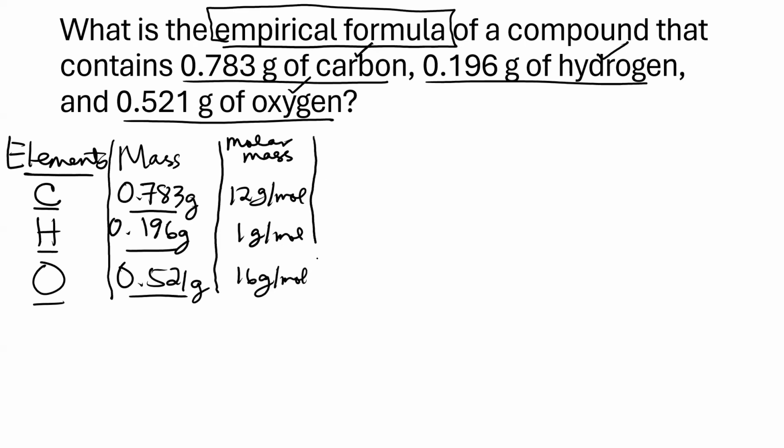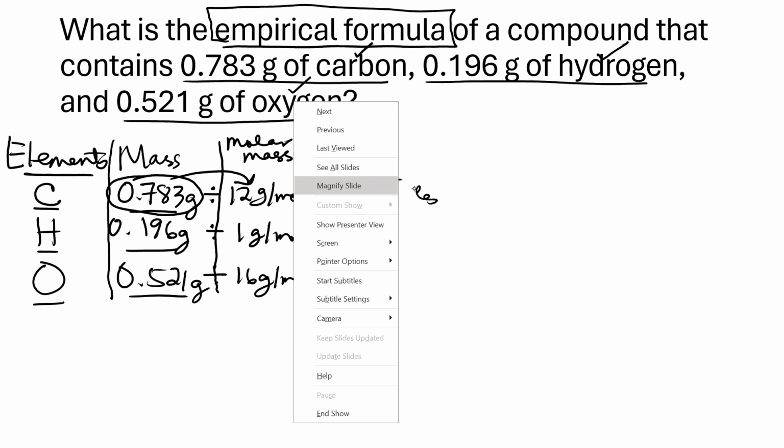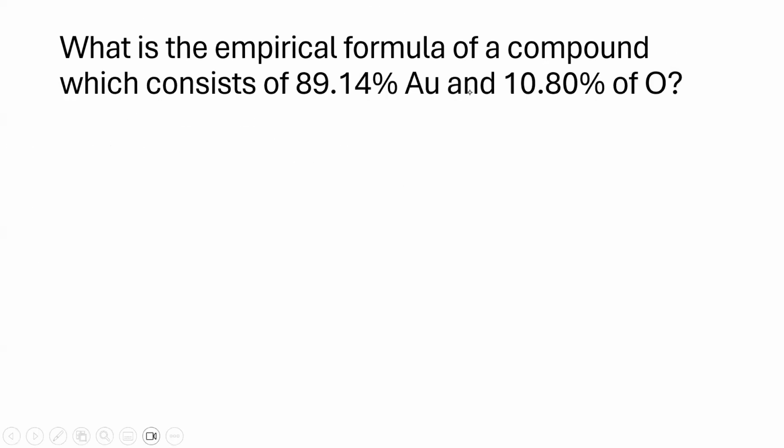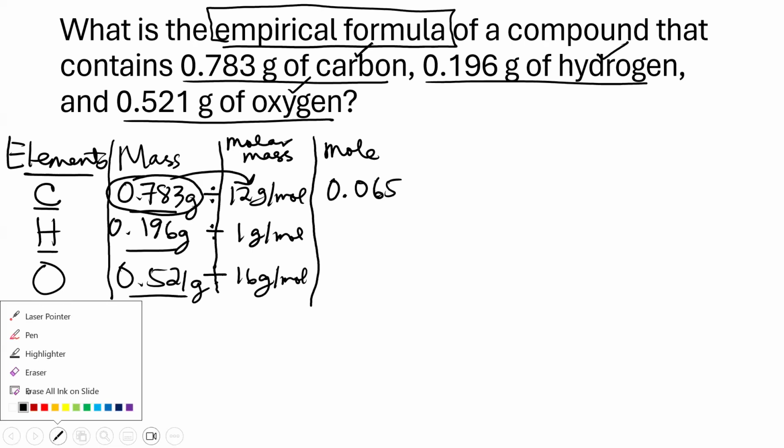Very good. By dividing the masses by the molar masses of the elements, we will get the mole values of each of these elements. So we divide 0.783 grams by 12 grams per mole for carbon. And when you use your calculators, you'll be able to get 0.065 moles.